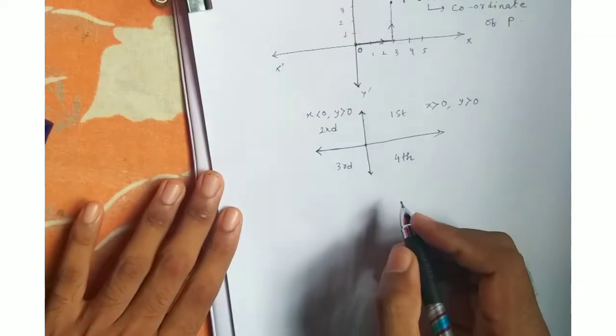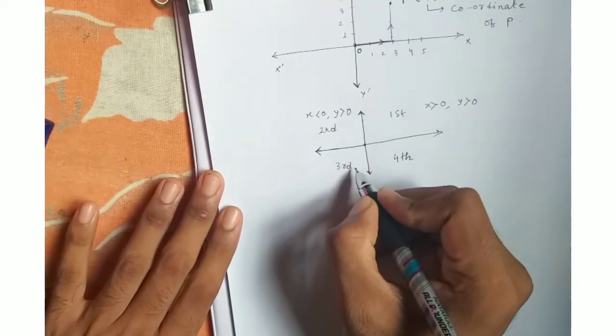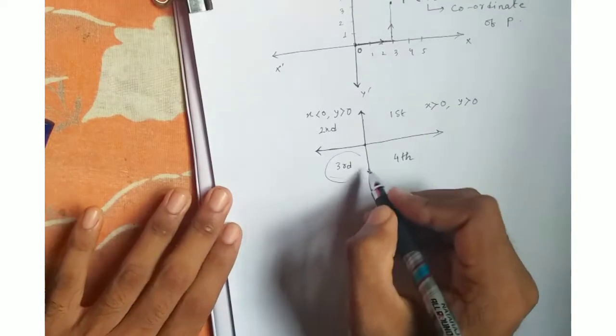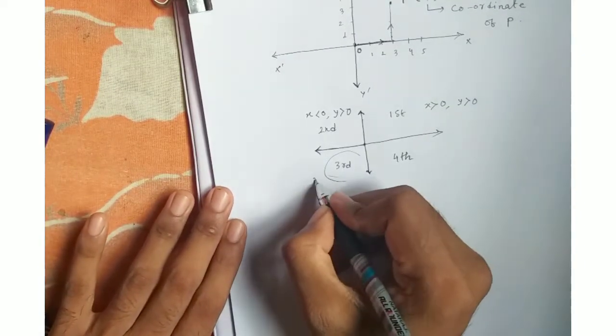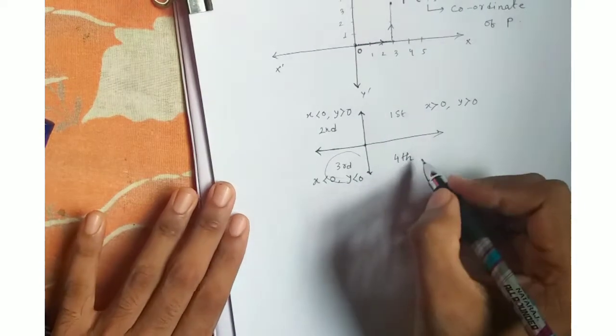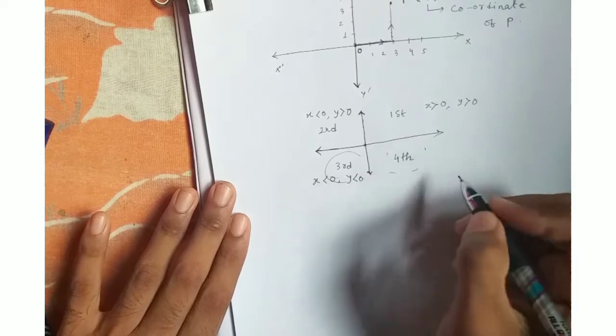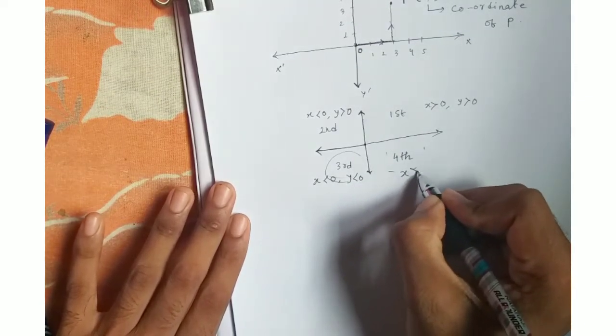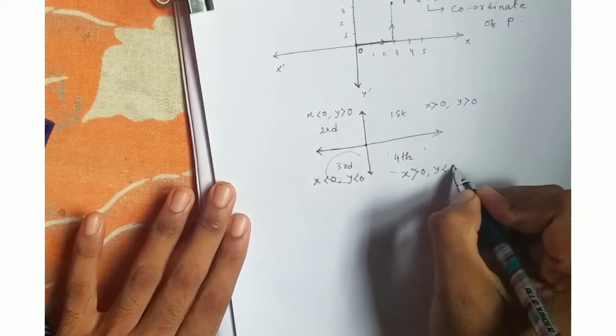In the third quadrant we have to move in this region, so any coordinate of point P will be x less than 0 and y also less than 0, and any point in the fourth quadrant will have abscissa x greater than 0 and y less than 0.